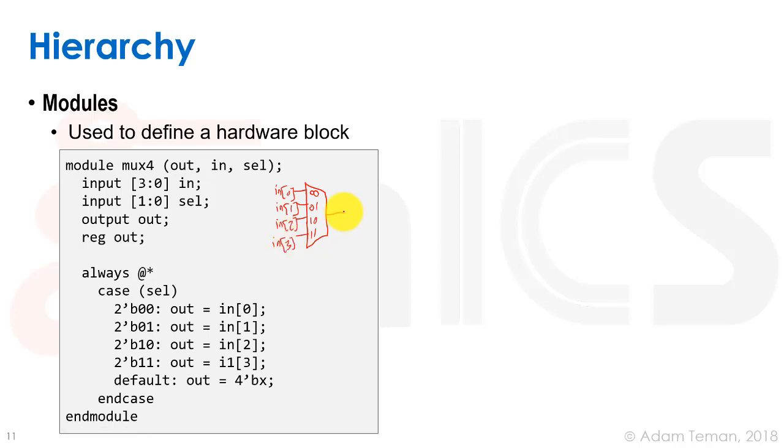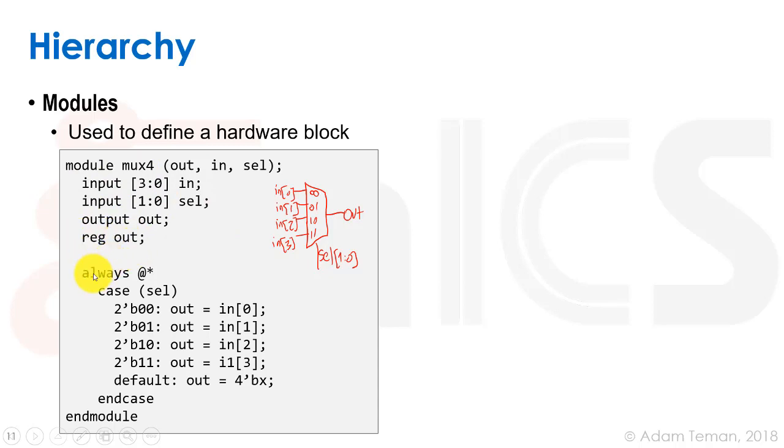And it has an output called out, and it has a selector called sel[1:0], right? Okay, so that's what we did here, and we see that we use this output as a reg.